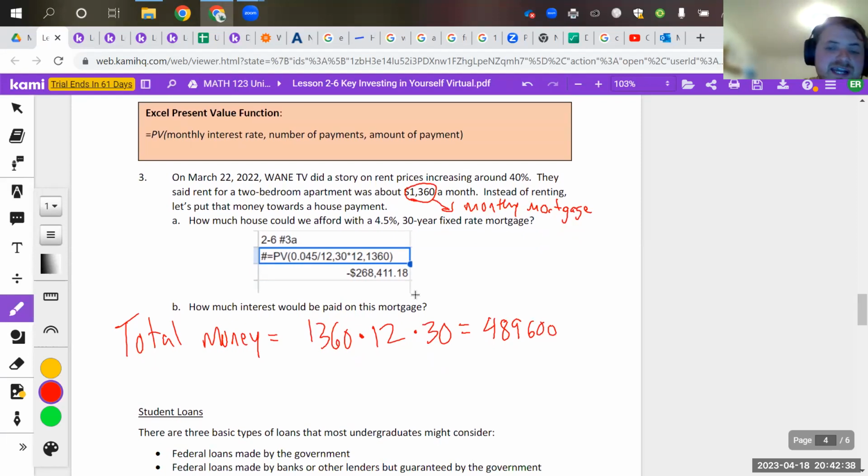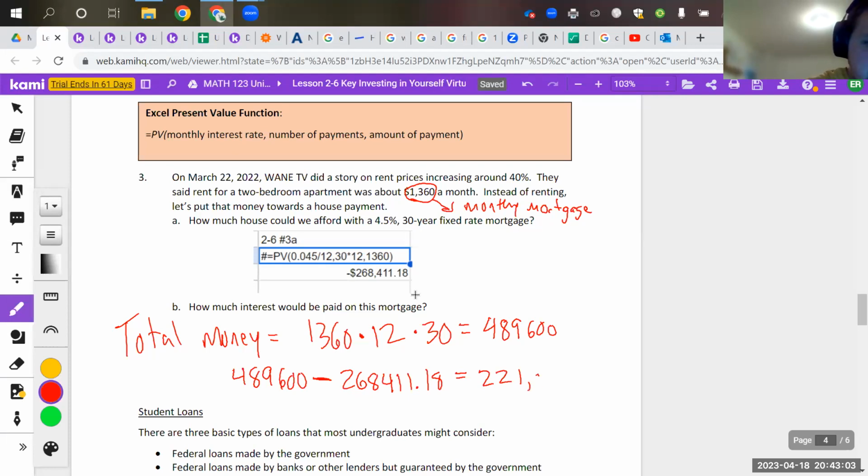If I want the interest, I have to subtract off the value of the home when I purchase it, because homes usually rise, which is going to be $221,188.82. So again, that is going to be the amount of interest I pay.